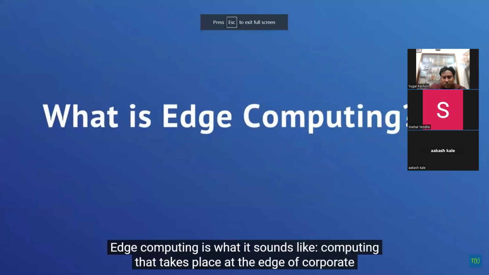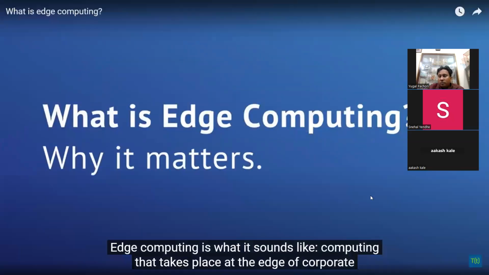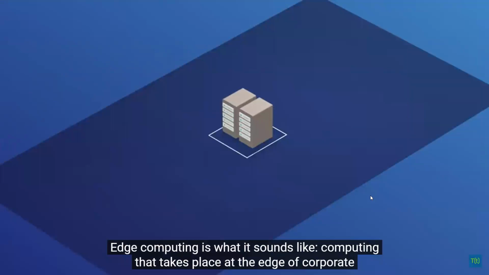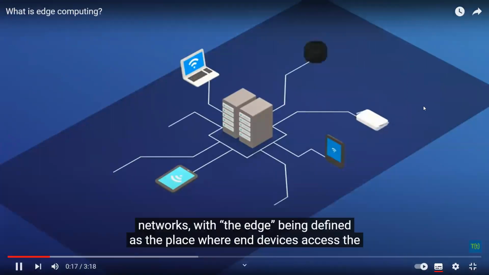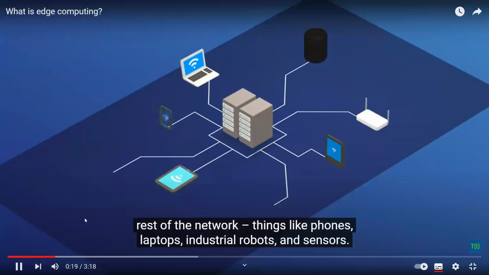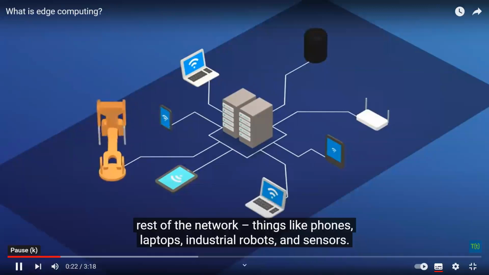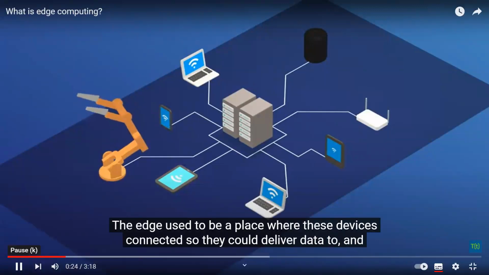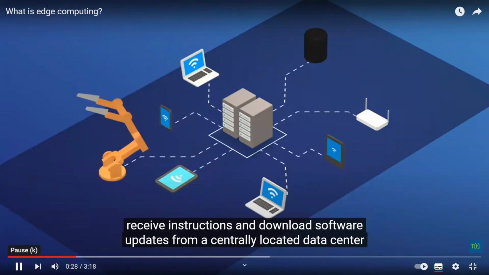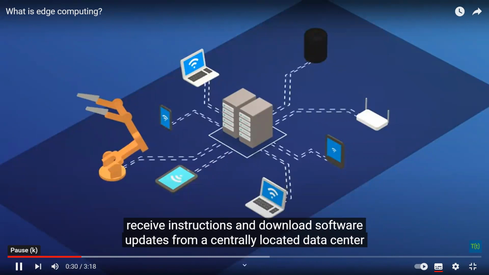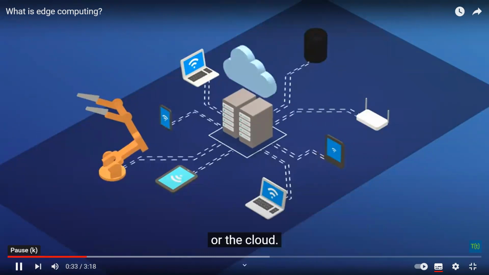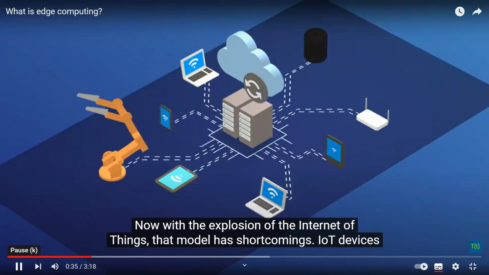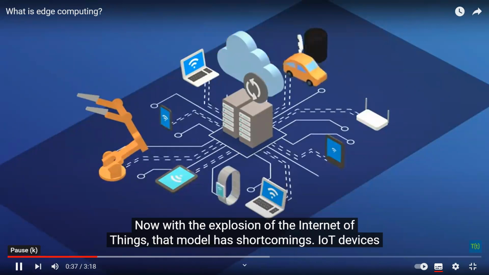What is edge computing and why it matters? Edge computing is exactly what it sounds like, computing that takes place at the edge of corporate networks, with the edge defined as the place where end devices access the rest of the network, things like phones, laptops, industrial robots, and sensors. The edge used to be a place where these devices connected so they could deliver data to and receive instructions and download software updates from a centrally located data center or the cloud. Now, with the explosion of the Internet of Things, that model has shortcomings.